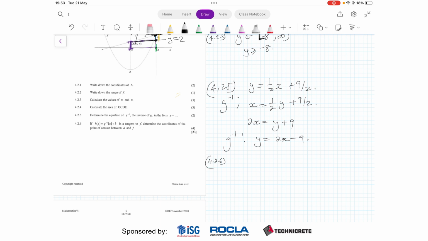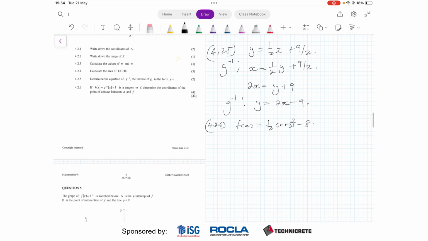4.2.6 is asking us, if h at x is given by the inverse of f at x plus k, which is a tangent to f, determine the coordinates of the point of contact between h and f. Now, we know that f at x is given by 1 over 2 (x plus 5) squared minus 8.